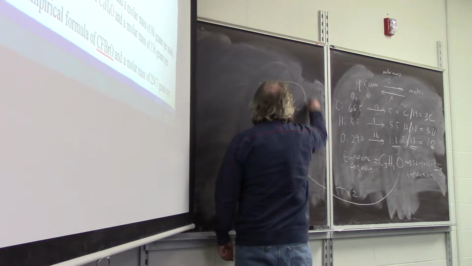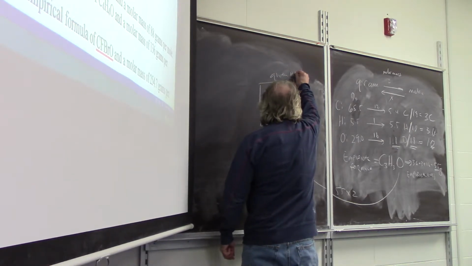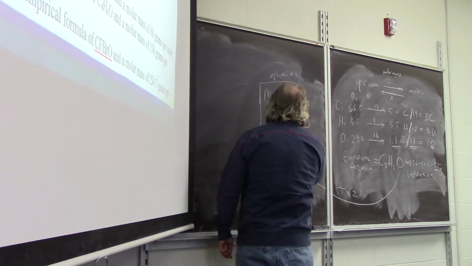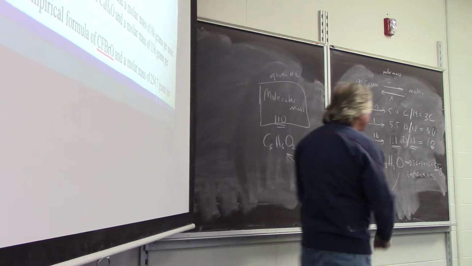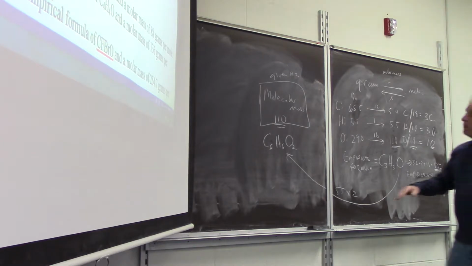Because this is what's given to you for problem 2. And so it'll be C6 H6 O2. If this would have been 55, you would have left it alone and so forth.